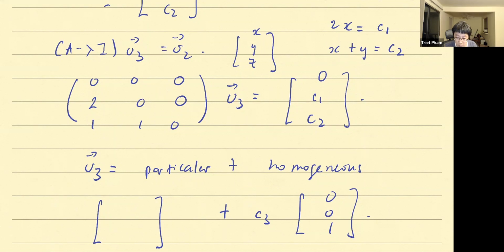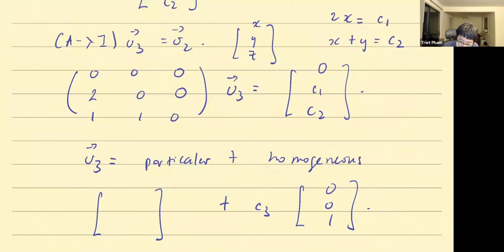So you could choose C1 over 2, and then C2 minus C1 over 2, and then 0. This C3 right here expresses exactly the freedom on the third part. So that's V3.